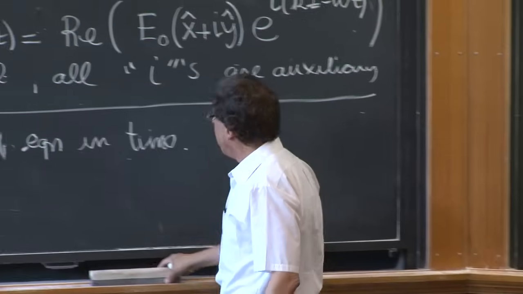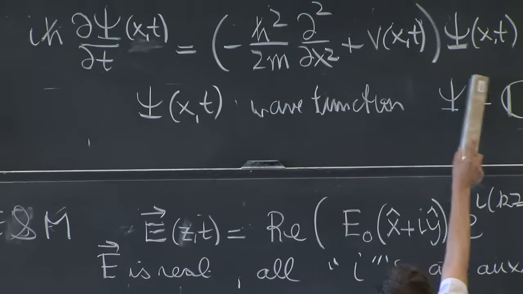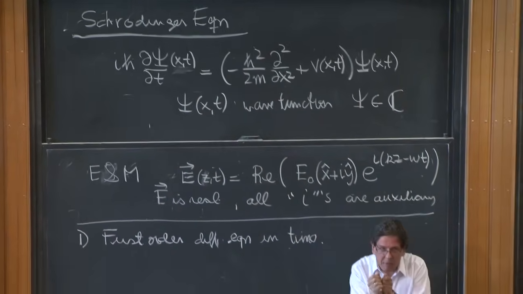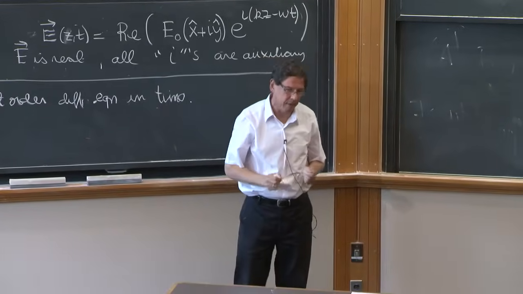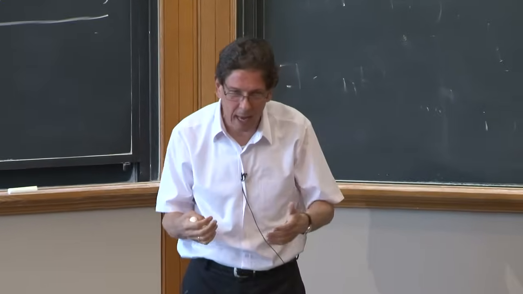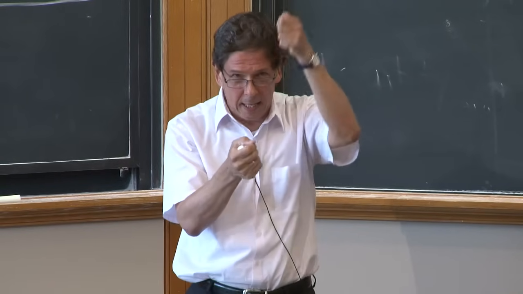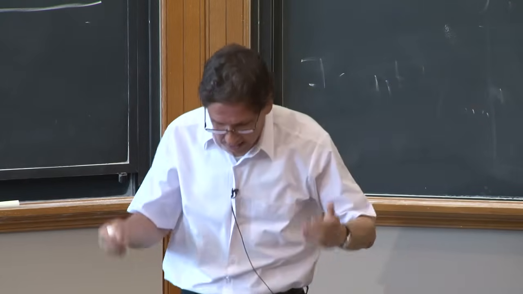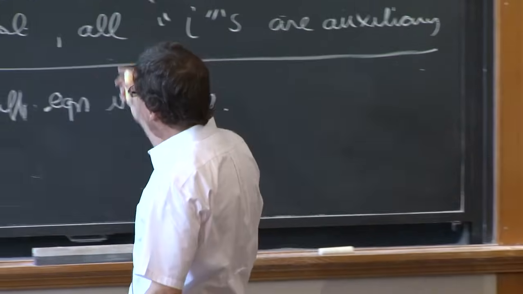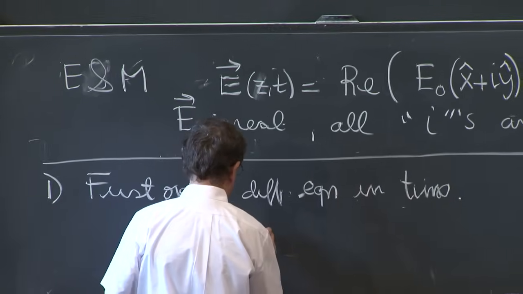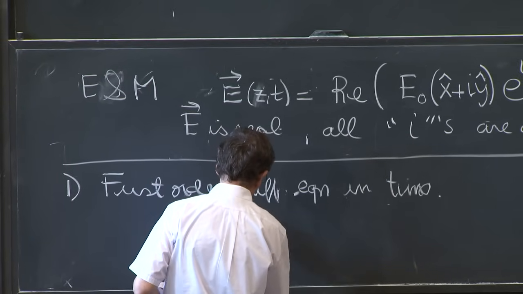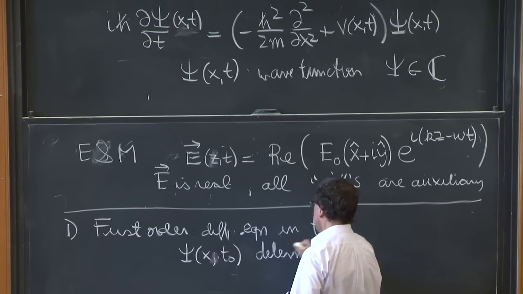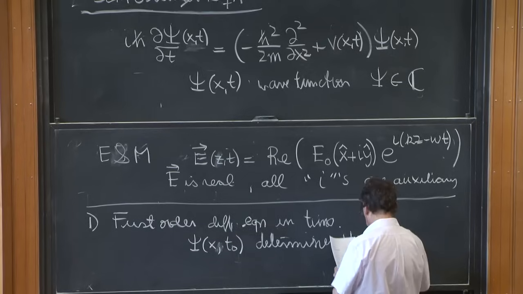Because if you know it all over space, you can calculate the right-hand side and know the time derivative. And with the time derivative, you can figure out what it's going to be later. A first-order differential equation in time is something that if you know the quantity at one time, the differential equation tells you what it's going to be later. So that's really sufficient: psi of x, for all x, at some time t0 determines psi at all times.